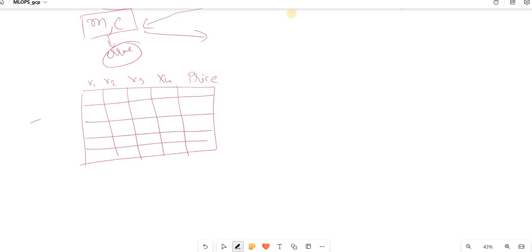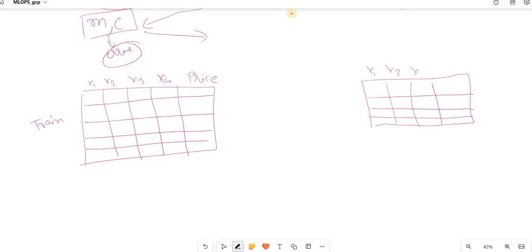So this is the train data, which is trained first entirely, and here is my test data. Understand this very carefully. If you understand this, you will understand the code also. Again here x1, x2, x3, x4, and this is price.